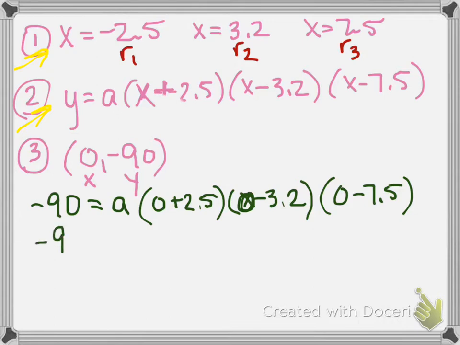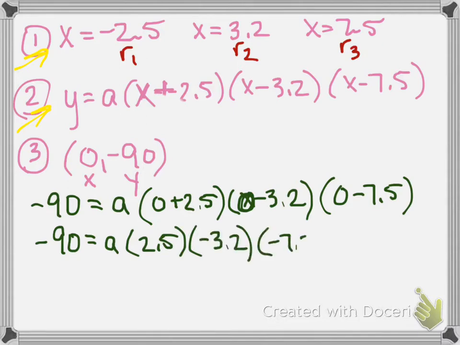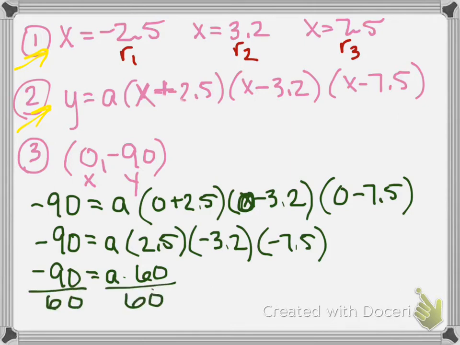Okay, so negative 90 equals a times 2.5 times negative 3.2 and times negative 7.5. And when we multiply those together, we get a times 60. So we divide here to solve for a, divide by 60, divide by 60. So you find out a equals negative 1.5.